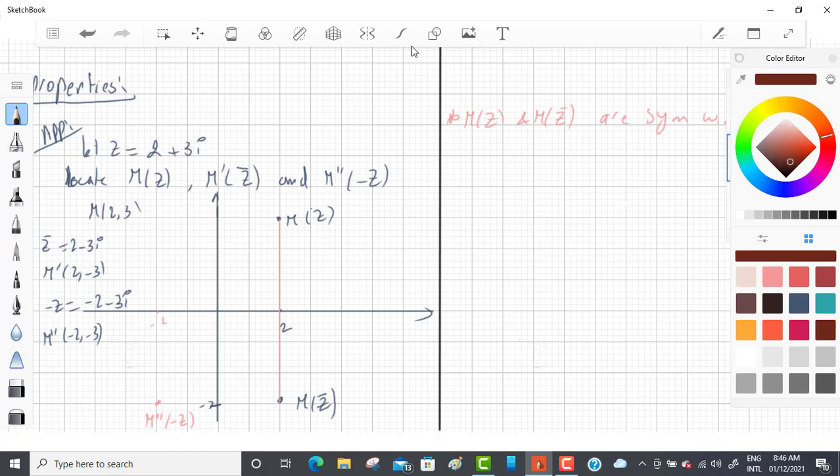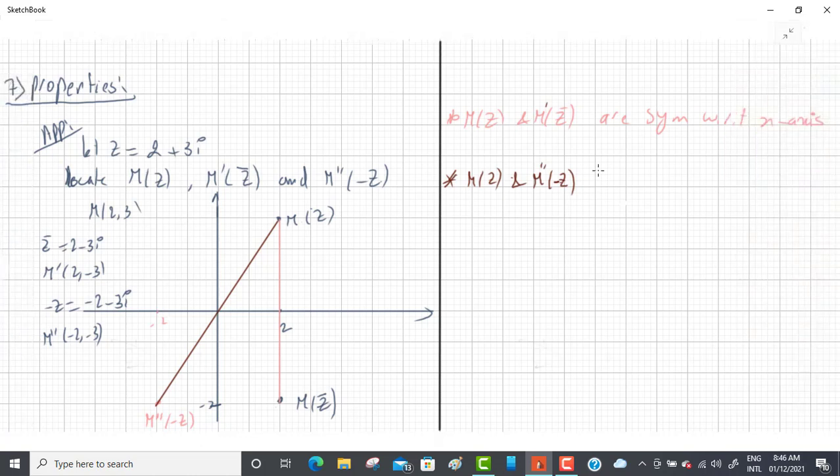You can notice that M and M double prime are symmetric with respect to the origin O. So you can say that M of affix z and M double prime of affix minus z are symmetric with respect to the origin O.